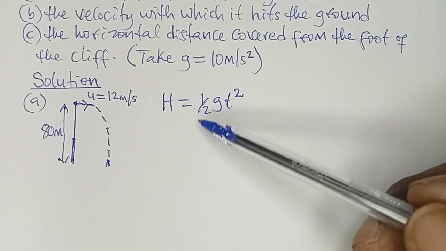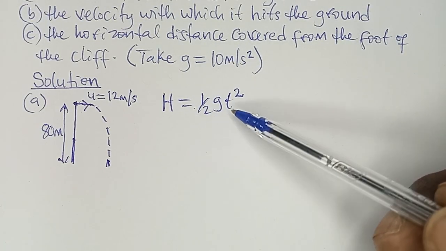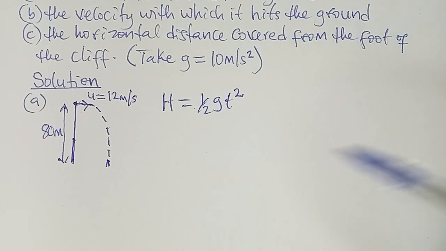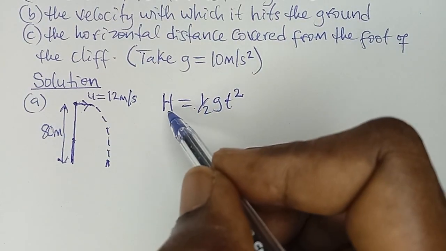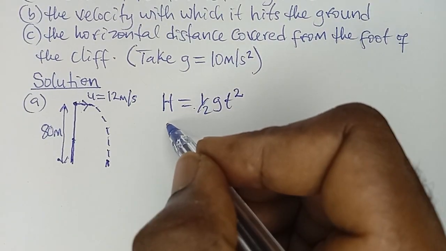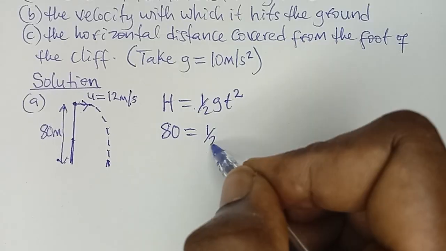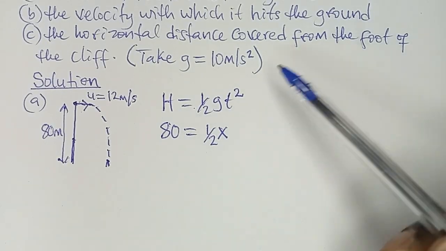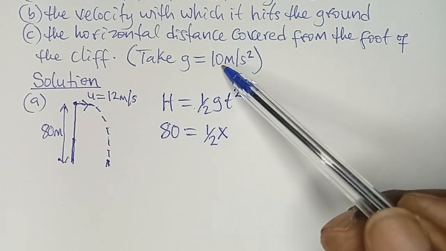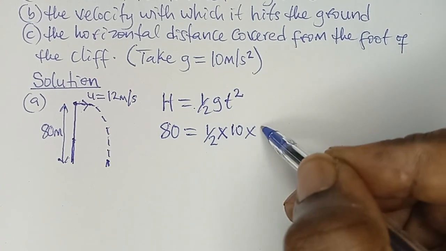Because u has been taken as 0, we throw away that part and use only half gt squared. Substituting values, the height of the cliff, 80, is equal to half multiplied by g, which is 10, multiplied by t squared.